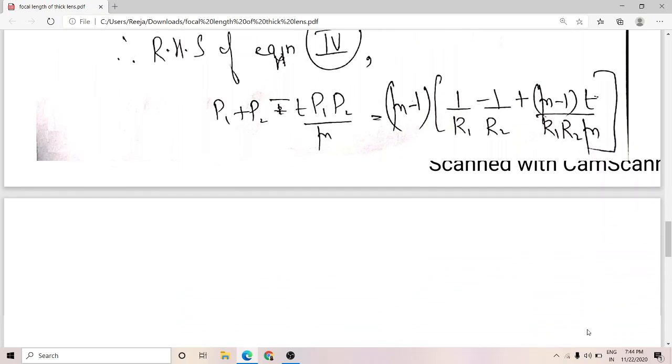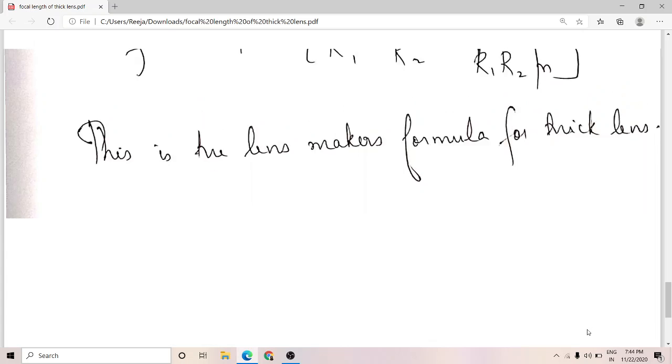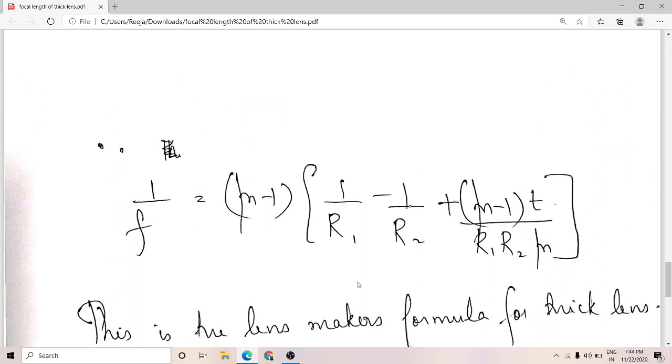So the expression for the focal length is 1 by f is equal to mu minus 1 into (1 by R1 minus 1 by R2) plus mu minus 1 into t by R1 R2 into mu. This is the lens maker's formula for the thick lens.